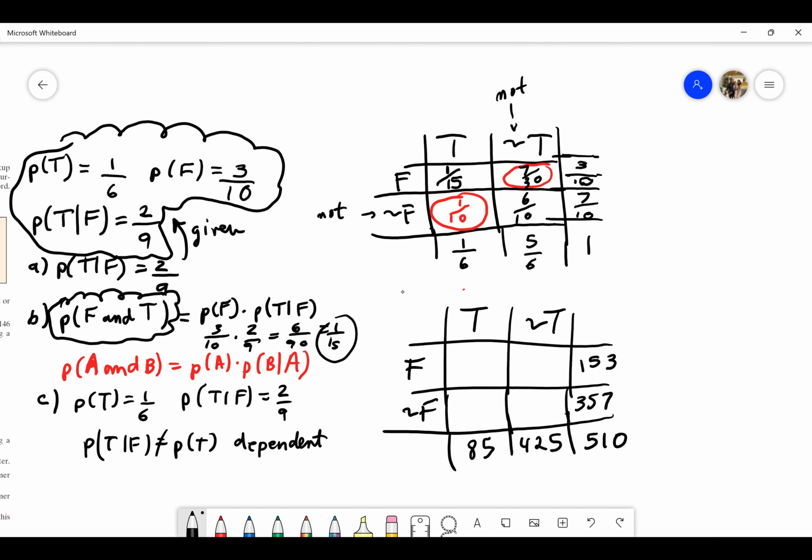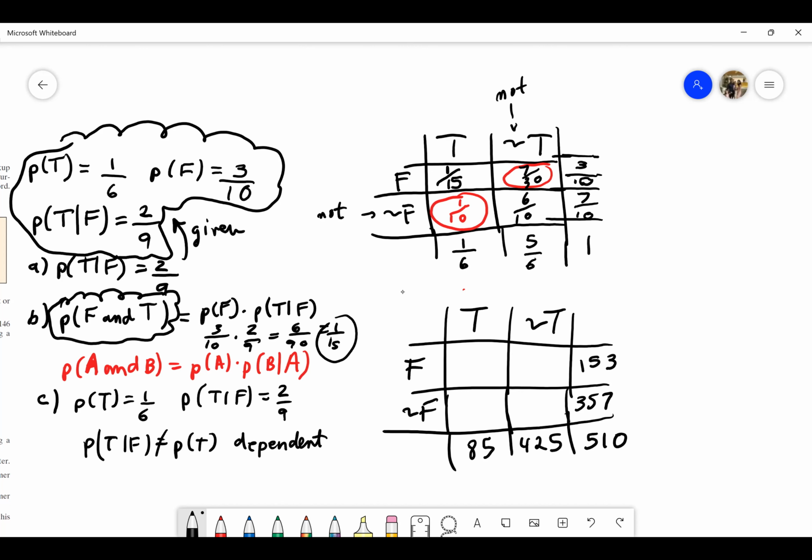And now, if I take 510 and multiply it by 1/15, wouldn't I get the amount of people who had a Ford and a truck? This here represents I have a Ford and it's a truck.